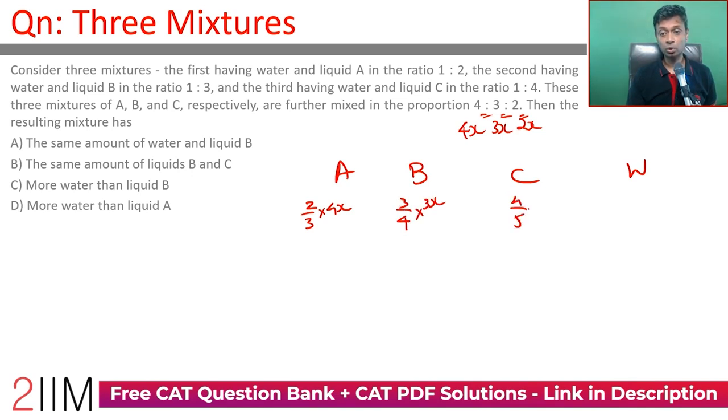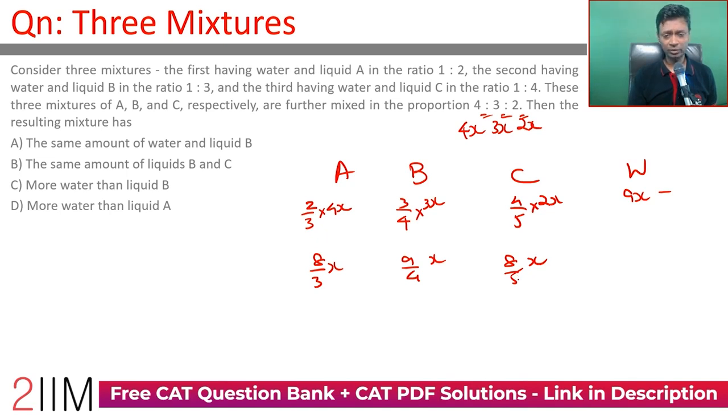Liquid C would be 4/5 of 2x. Water will be 9x minus all of this. And so this is 8 by 3x, 9 by 4x, 8 by 5x. And so 8 by 3, 9 by 4, 8 by 5. And then water is the remaining part.